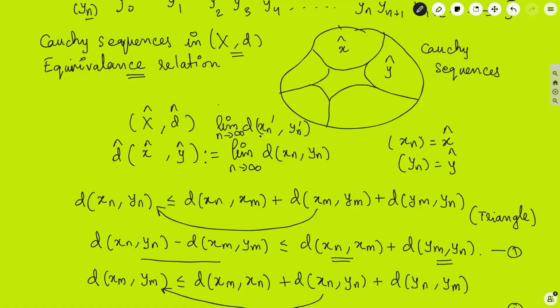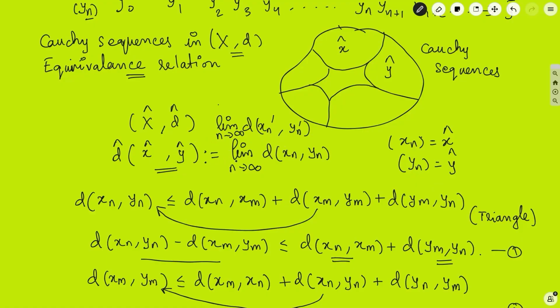If I get a different number, then this is not a proper definition of the distance between these two equivalence classes, right? But if it happens that the limit of the distance between any two other sequences from these two equivalence classes x hat, y hat is the same, then this is well defined, right?